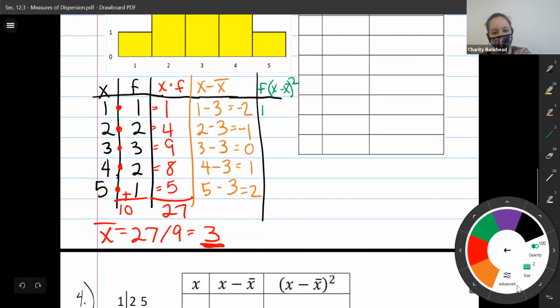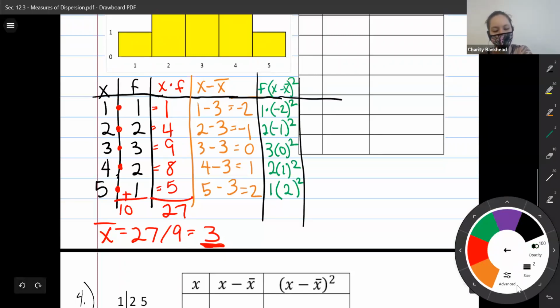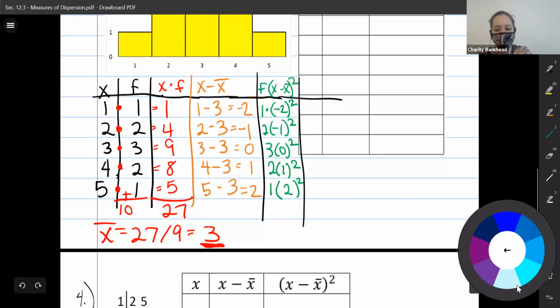So that would be 1 times -2 squared, 2 times -1 squared, 3 times 0 squared, 2 times 1 squared, and 1 times 2 squared. So let's see, that's going to be 4, 2, 0, 2, 4.